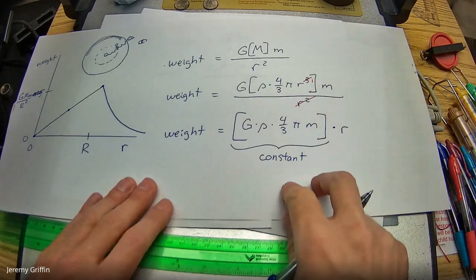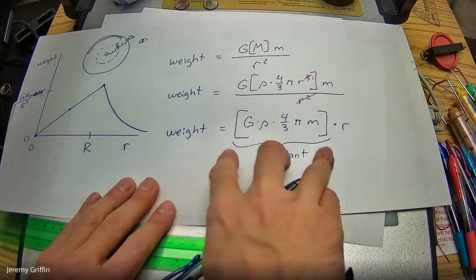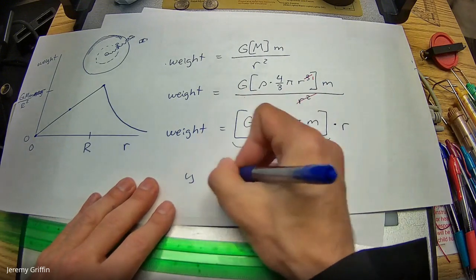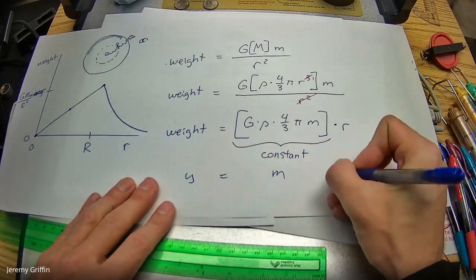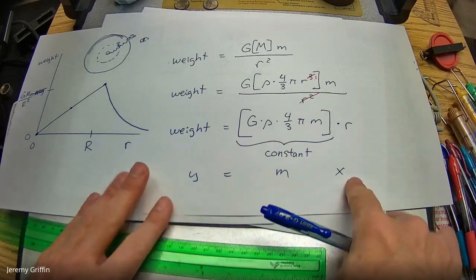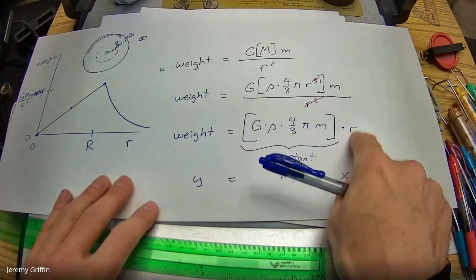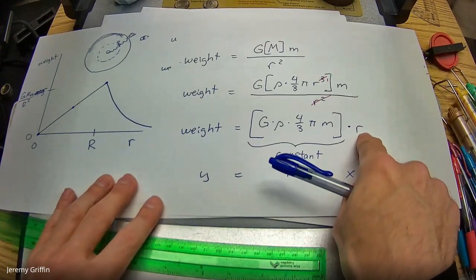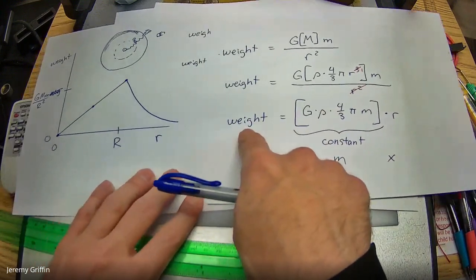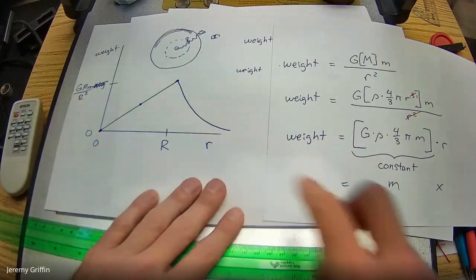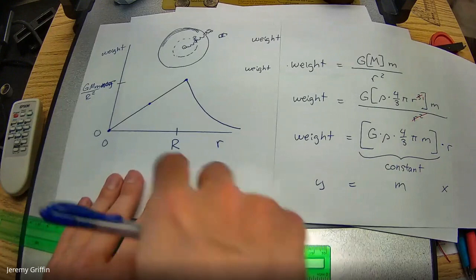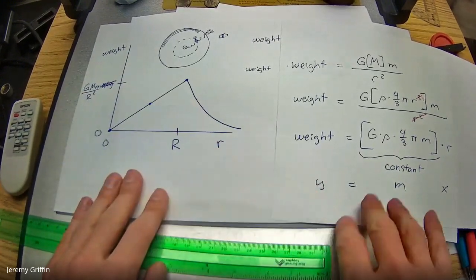Right? Hey, does this look like y equals mx? That's exactly what that looks like, doesn't it? And your x value would be radial distance, and your y value is like your weight. Oh, that's exactly this graph, isn't it? If your weight is a function of your location from the center.